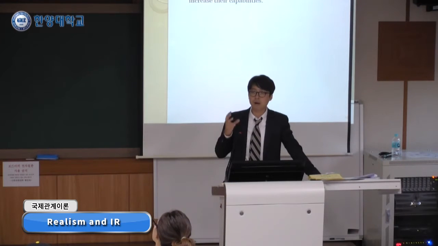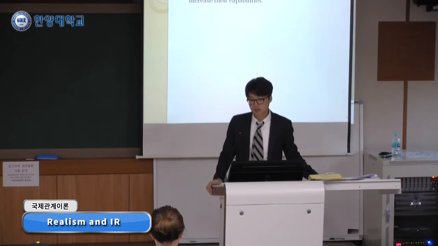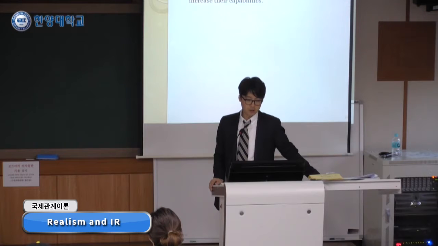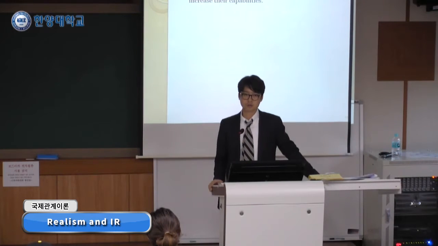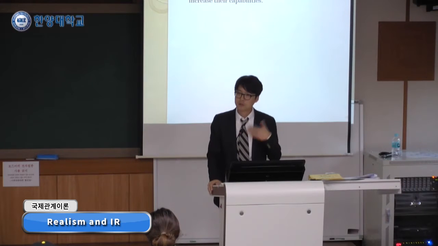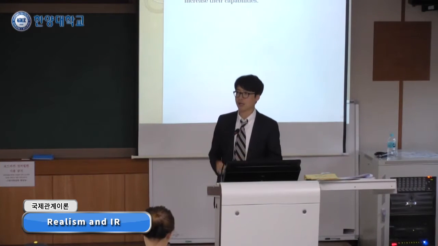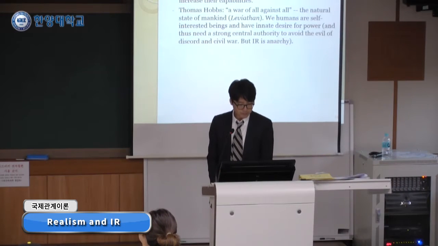So humans, and by extension states, continuously, inevitably engage in a struggle to increase their capability to survive. Because you want to dominate me, and I want to dominate you. And in order for me to survive in this struggle for power, I have to be strong. I have to increase my power, to survive, to protect myself.